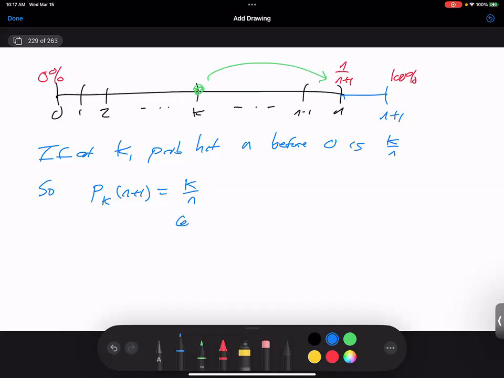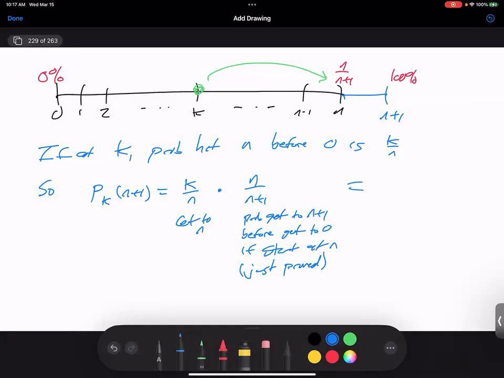What do I multiply by? It's n over n plus 1. Right, that's what we just showed. This is the probability of getting to n plus 1 before 0 if we start at n. Just proved.